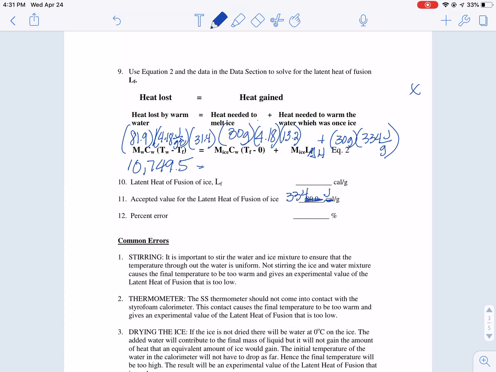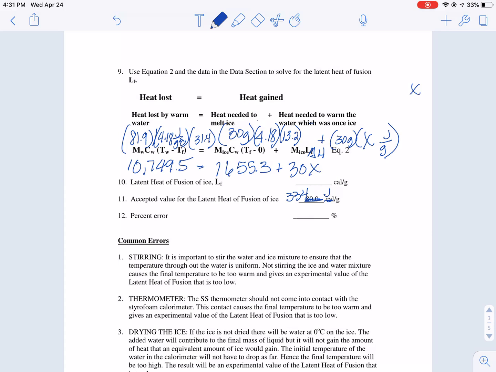Actually, you're not going to times that. That's the actual value. You're going to solve for this. All right? So if I have 30 times 4.18 times 13.2, it comes out to be 1655.3. And then we add that to 30x. And now we're going to solve for x.